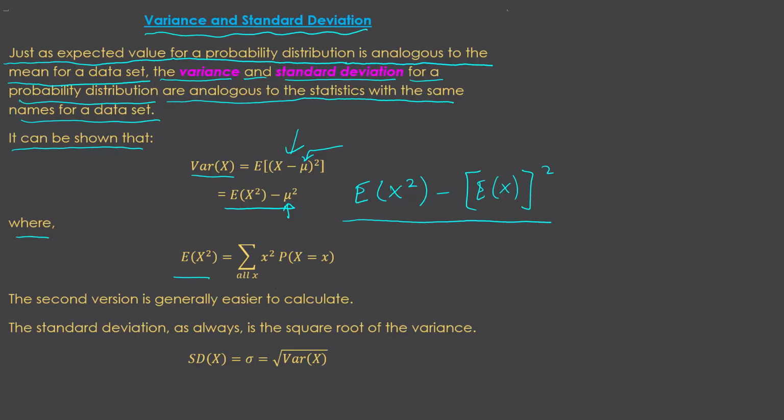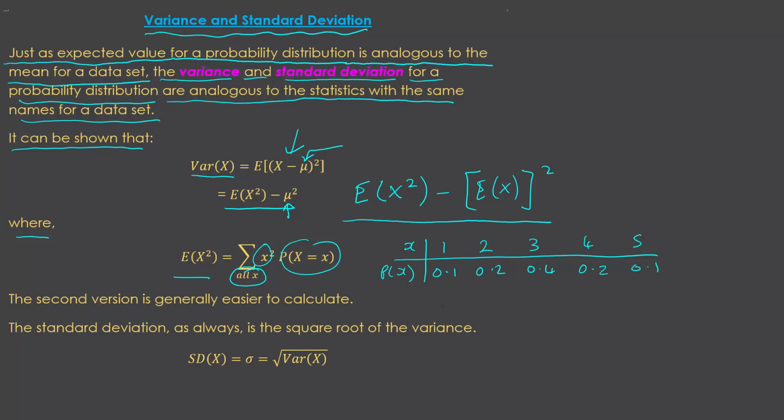The expectation of X squared is the sum over all x of x squared times the probability. So if we just quickly jot down an example, something like we had before, where we had 1, 2, 3, 4, 5, and then we had 0.1, 0.2, 0.4, 0.2, 0.1.